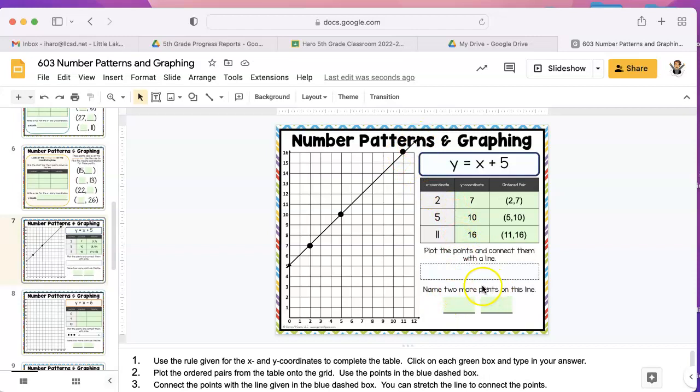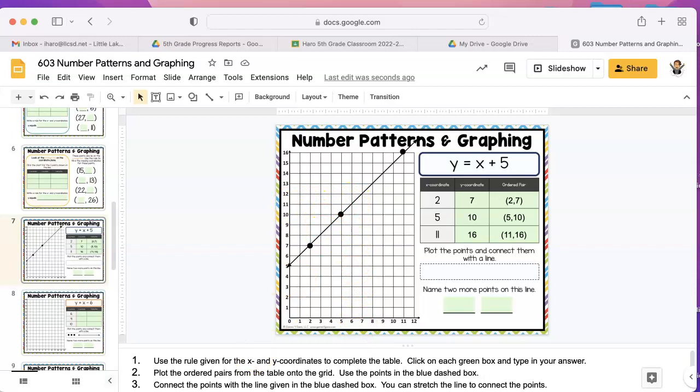because guess what the next question's telling me? Or set of directions, rather. Name 2 more points on this line. Any point. So you boys and girls, your answers will be different when comparing to one another because you're going to pick any point. I'm just going to randomly close my eyes against the line. I'll stop right there. This is where I stopped. So the x-axis would be 6. The y-axis would be 11.